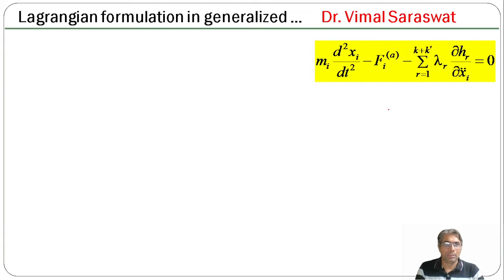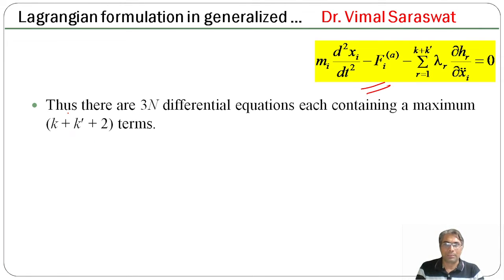Now, this was Lagrange's equation of motion of the first kind. Thus, there are 3n differential equations, because here sigma i equals 1 to 3n. So, there are 3n differential equations, each containing a maximum of k plus k dash plus 2 terms.